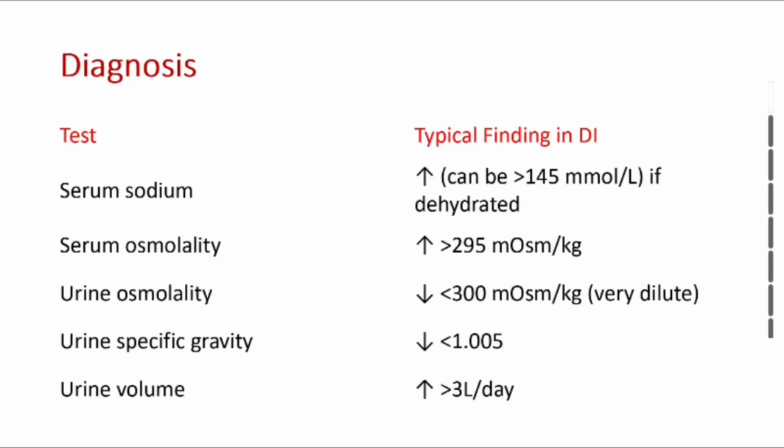Urine volume is very essential. Okay, but with time we can master them and get to understand them. So as he has told us, we can master them: the normals of serum sodium, serum osmolality, urine osmolality.